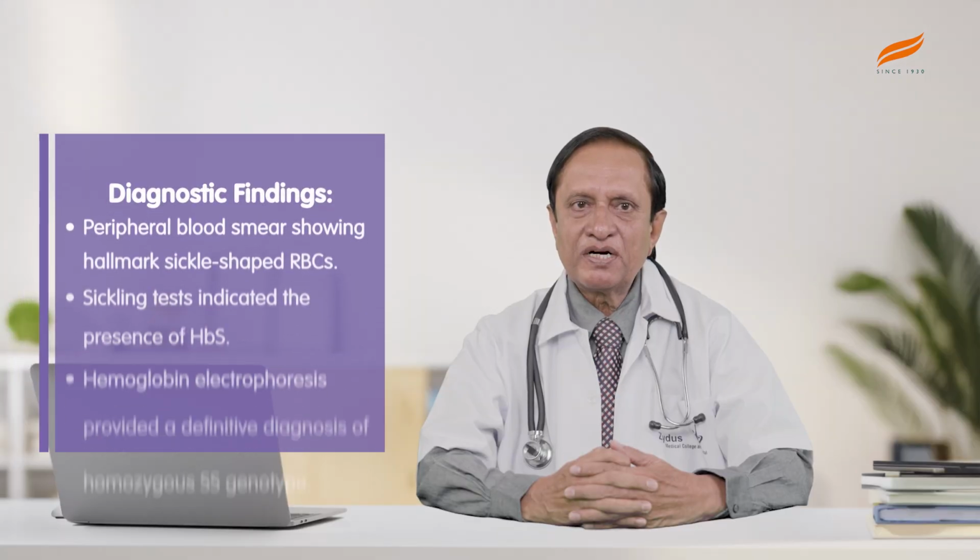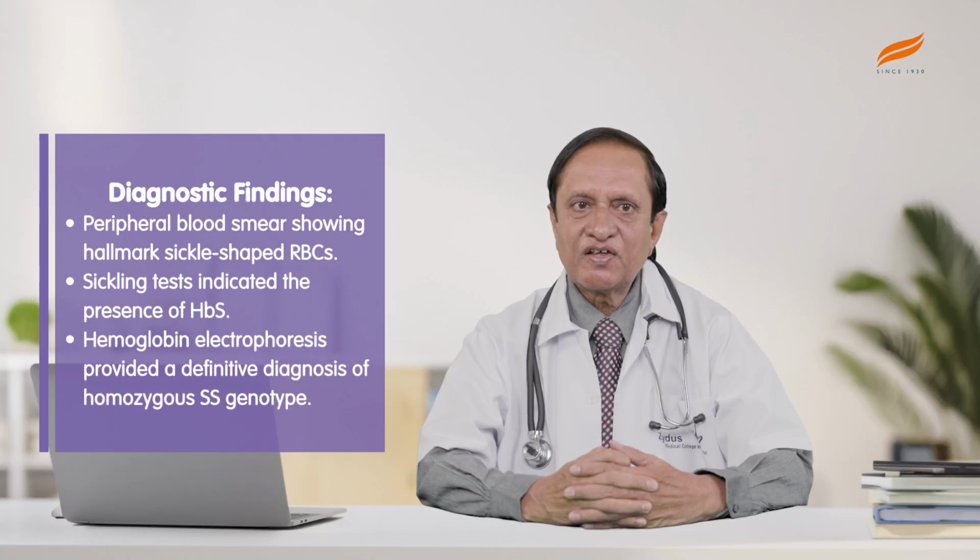The diagnosis of sickle cell disease in this patient was confirmed through a combination of clinical assessment and laboratory testing. Peripheral blood smear analysis revealed the hallmark sickle-shaped RBCs and other signs of hemolysis.